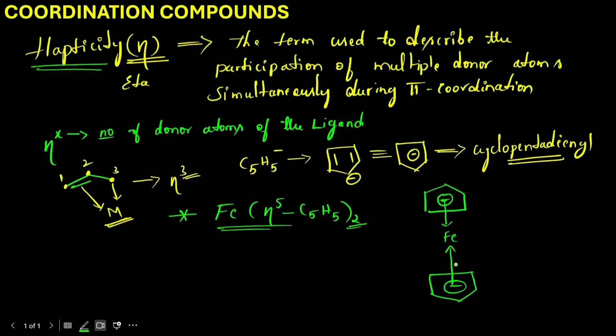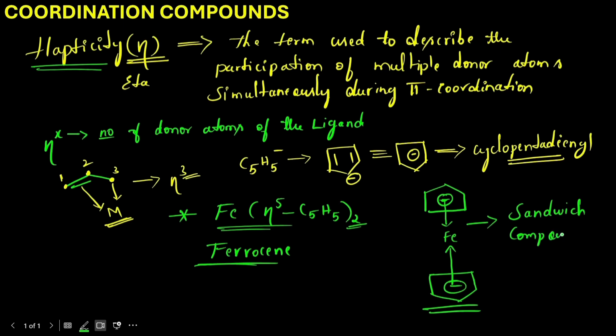Okay, so this is the structure of the compound which is called ferrocene. The name of the compound is ferrocene. This compound is also called a sandwich compound, okay, because here the metal is sandwiched between two cyclopentadienyl anions.